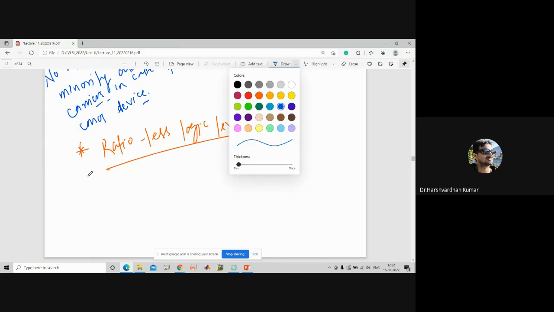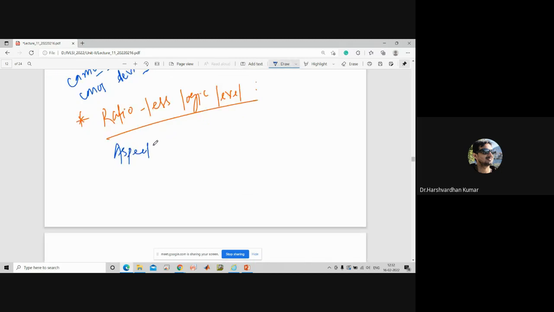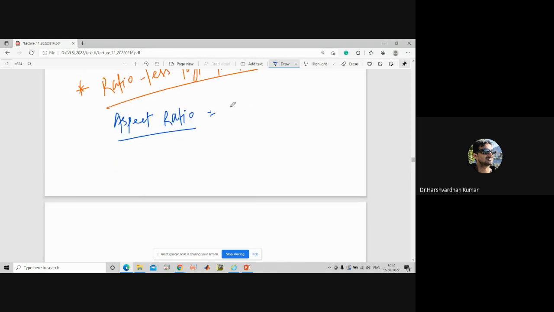It tells that irrespective of the aspect ratio... So first of all, we need to understand what aspect ratio is. Aspect ratio is the ratio of the width of the device to the length of the channel, that is, width by length of the channel, right?